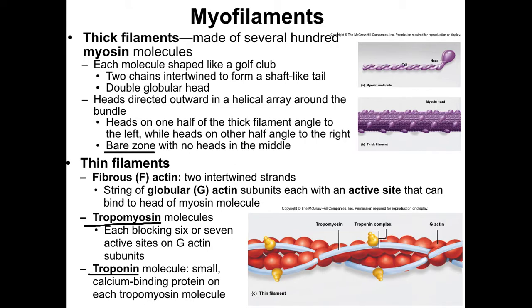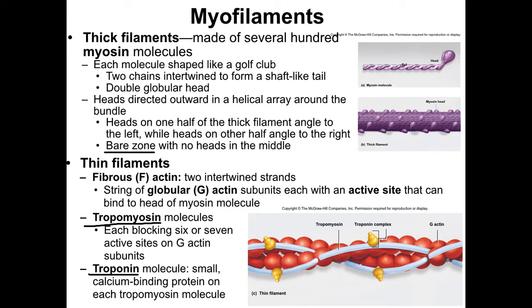If troponin moves tropomyosin out of the way, it exposes the handholds, and then myosin can bind and you get contraction. So troponin is actually what's controlling whether or not you have contraction going on. It gets to say, yes, I'm going to reveal the handholds and we can contract, or no, I'm going to cover the handholds and we can't contract. And it follows a very simple chemical signal to do this. It binds calcium.